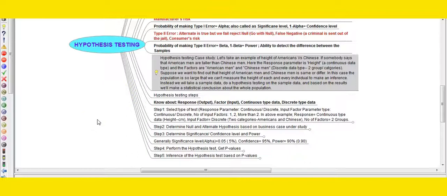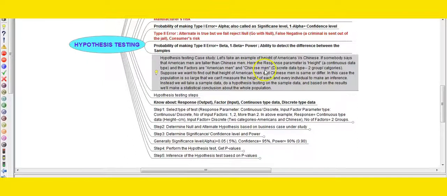So what to do in this case? Which method should we use? Here we should do hypothesis testing. We must take sample data for both American and Chinese men and then do the hypothesis testing on that.